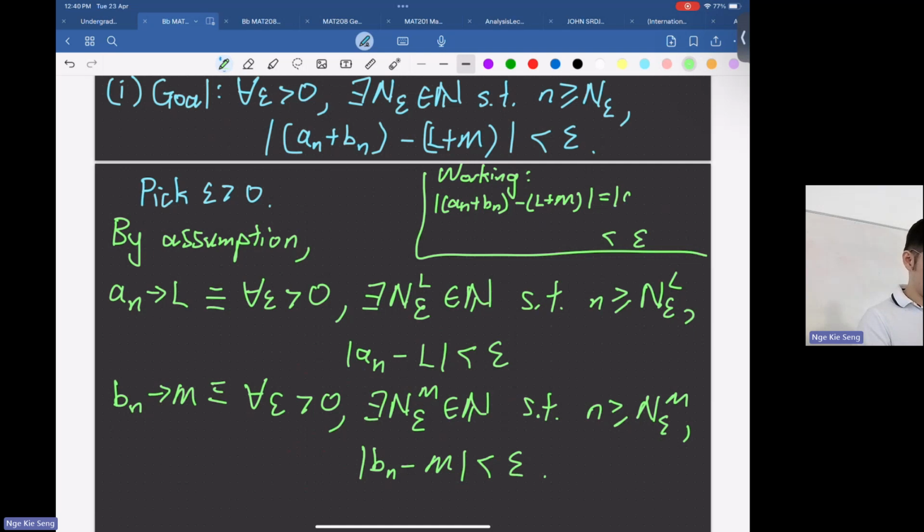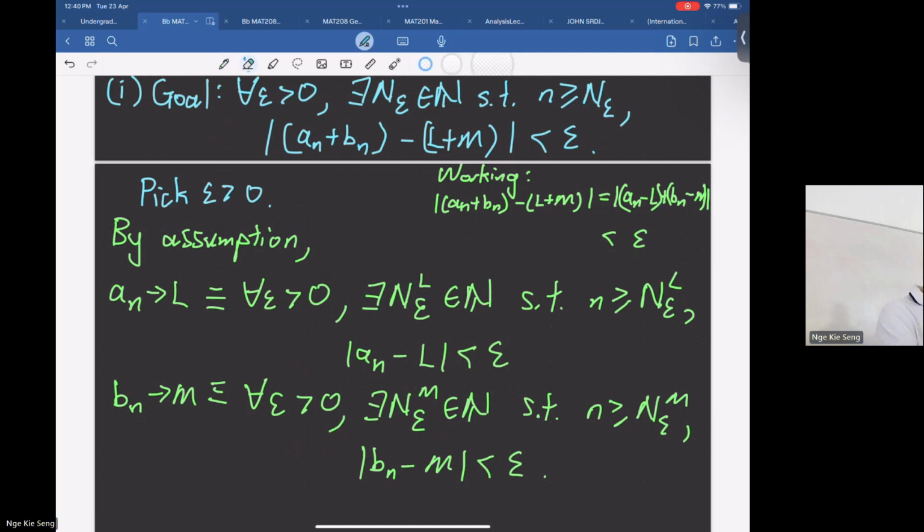We can do an minus l plus bn minus m. So this is the commutativity of real numbers. And then I can do associativity, so if I associate like this, I can use the triangle inequality here.